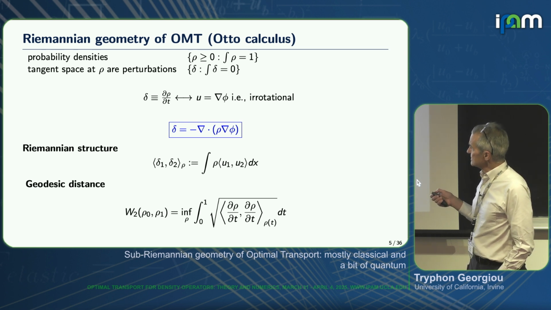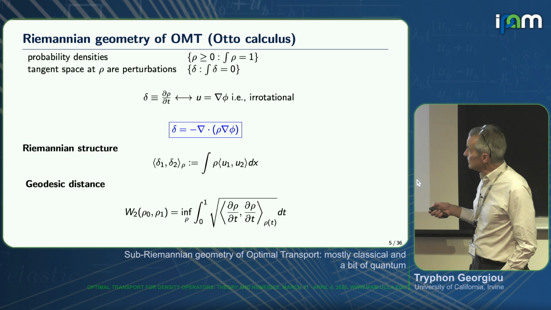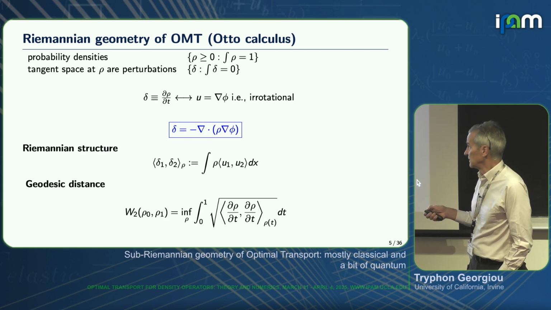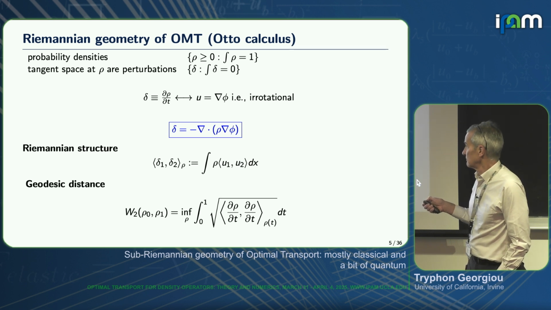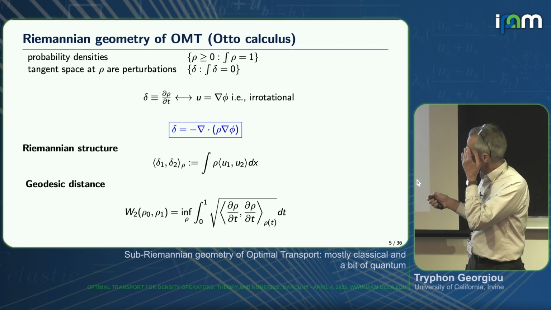Hand in hand with this comes the Riemannian geometry of Otto that is gained by the framework and can be placed on the space of probability densities or probability laws. So here you can view rho as a positive definite density function, for example, that integrates to 1.